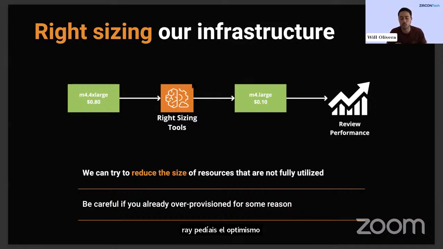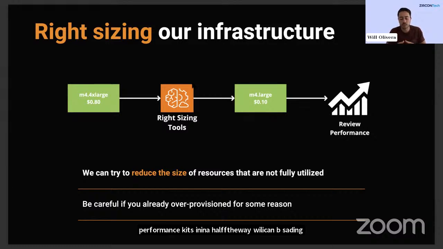A good example is when we have, let's say, an instance or a database with an M4 large, which costs 80 cents per hour, but it may happen that we are not fully utilizing that potential. So if we identify that, we can maybe decrease to something like M4 large, pay much less per hour. And if the performance stays healthy, we can certainly be saving a lot of money monthly.